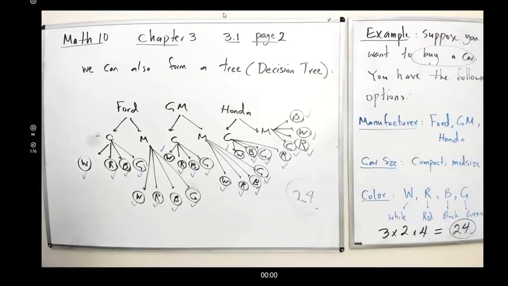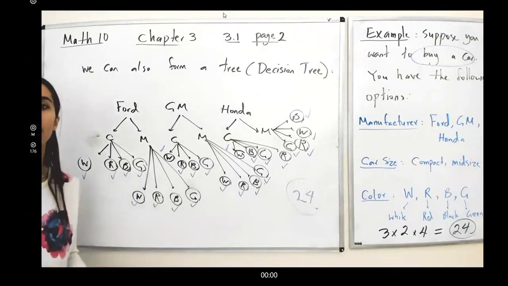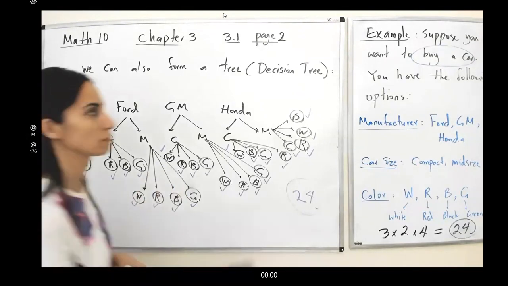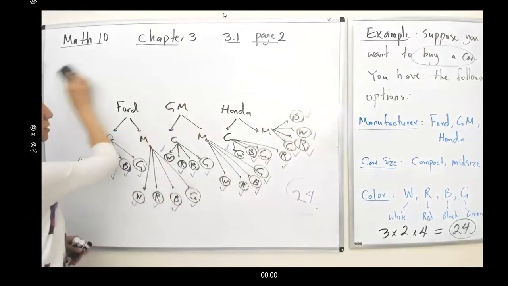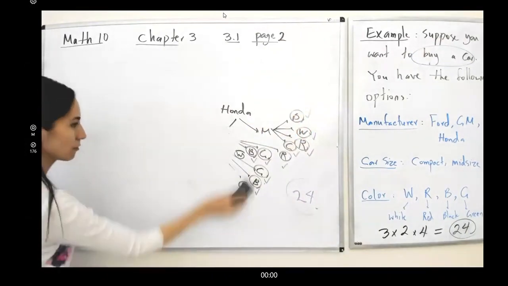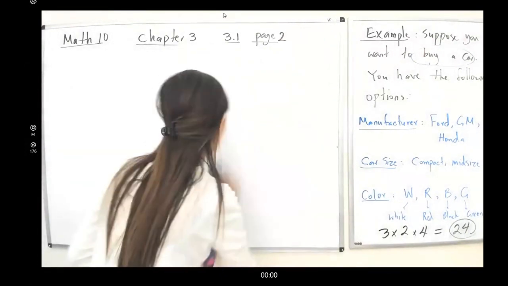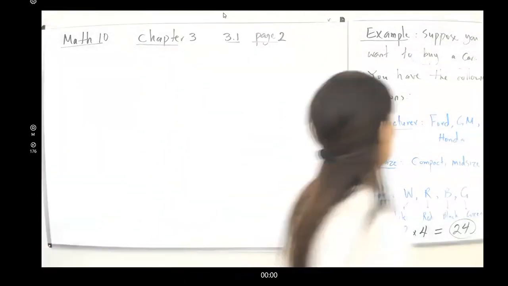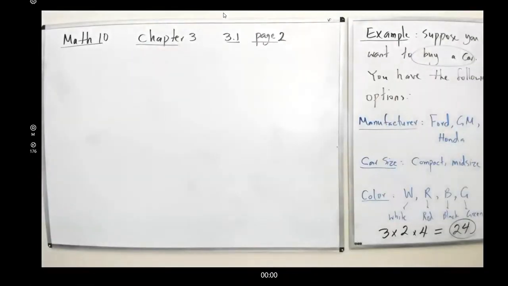So in this checkpoint, we're going to add a Toyota and a tan car. So let's take a look at this. We're adding a Toyota, so I'm going to use a different color.